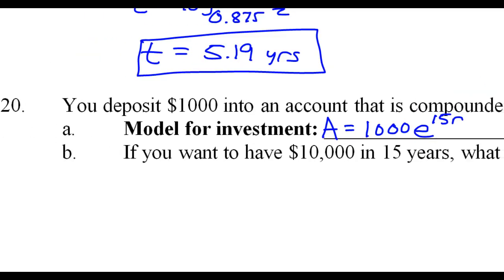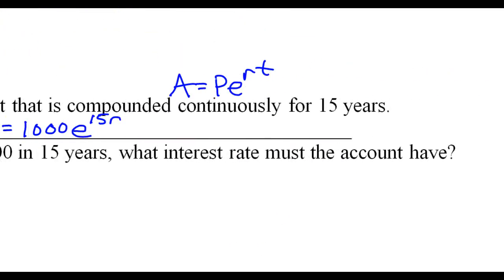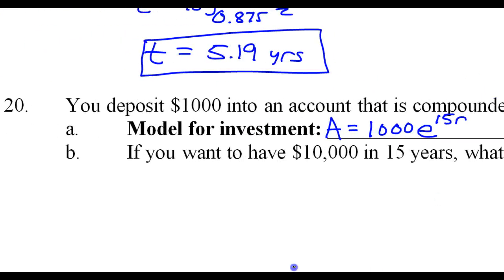Now, instead of $1,000, if you want to have $10,000 after this 15-year period is over, what interest rate must the account have? So we're solving for r. This 10,000 is what we want eventually, so that goes here on the left.